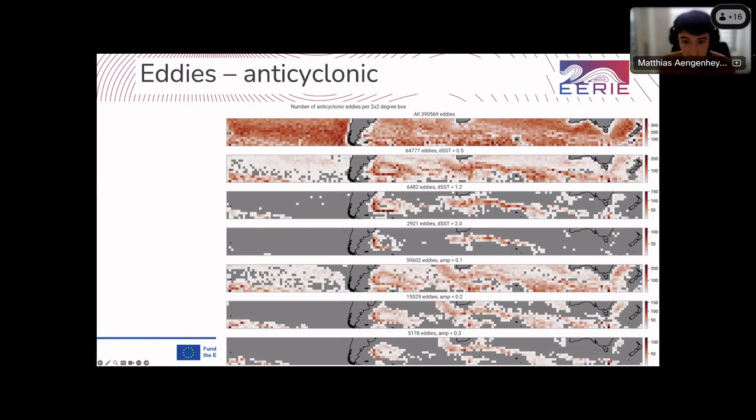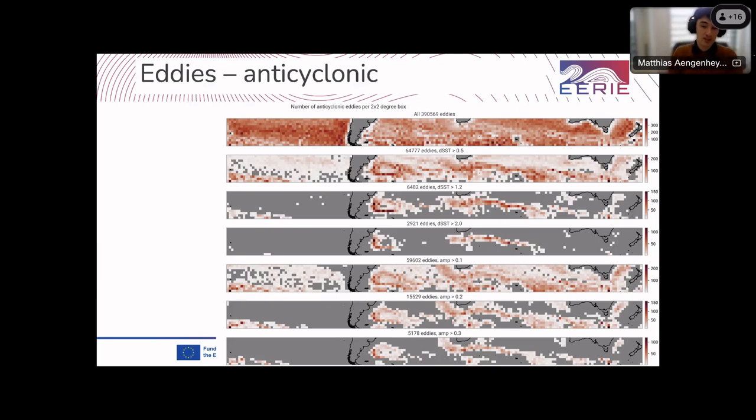The panels 2, 3, and 4 show where we have sub-selected the eddies based on the SST difference from within the eddy to outside of the eddy. So we just look at within 1 eddy radius minus outside of 1 eddy radius, so between 1 and 3 eddy radii, and just do the absolute difference of that. The rationale was that we really want to focus on the strongest eddies, and the strongest eddies in the sense of the impact on the atmosphere could very likely be those with the strongest SST difference.